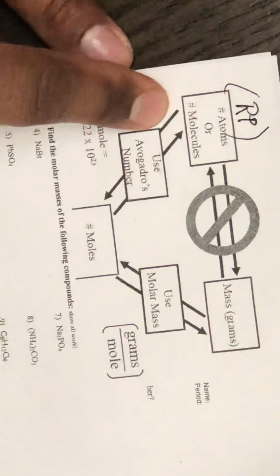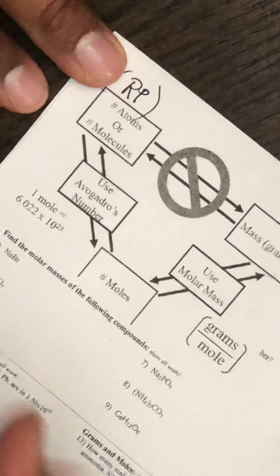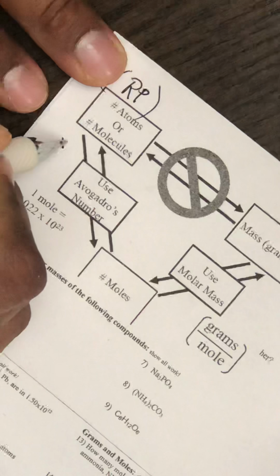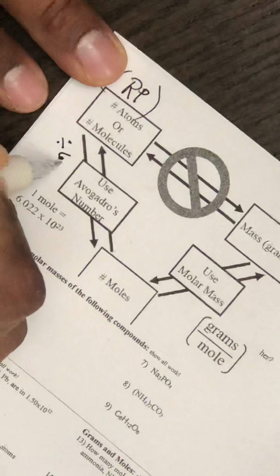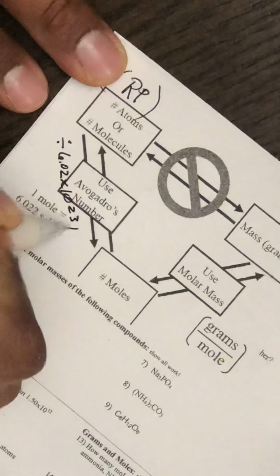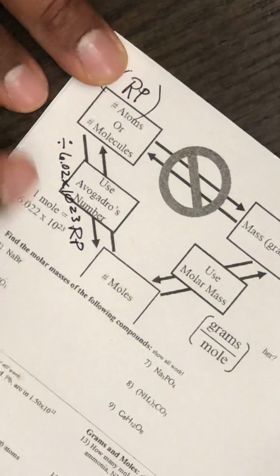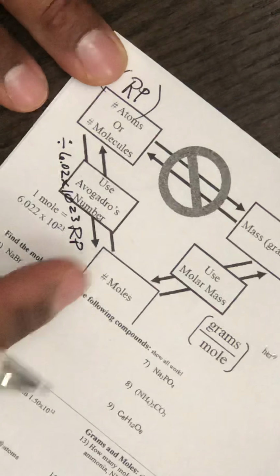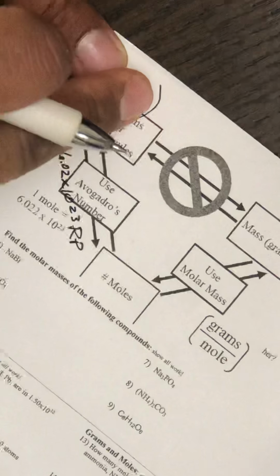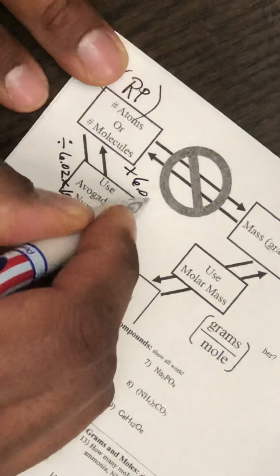If we follow the arrow going from here to here, you will have to divide by Avogadro's number, which is 6.02 times 10 to the 23rd, whatever RP is, okay? Now remember, you divide by this number. If you're going from moles to RP, you will have to multiply by Avogadro's number.